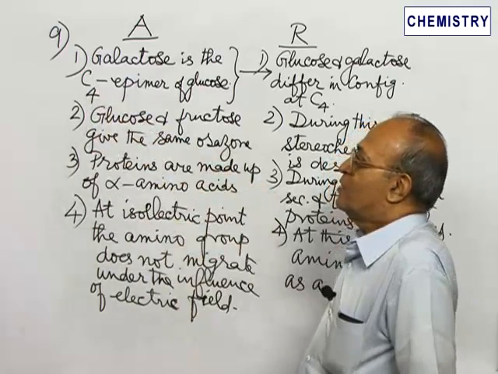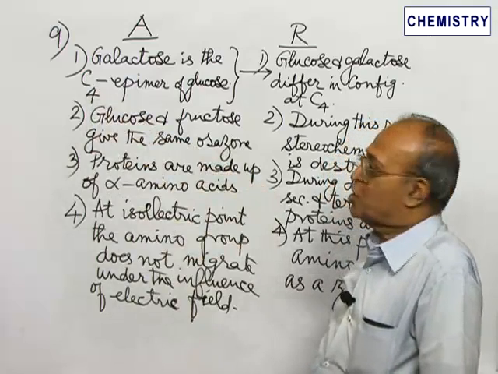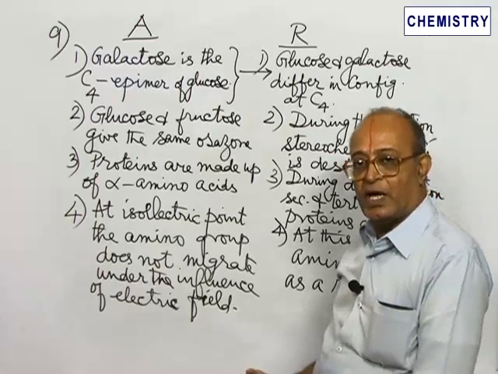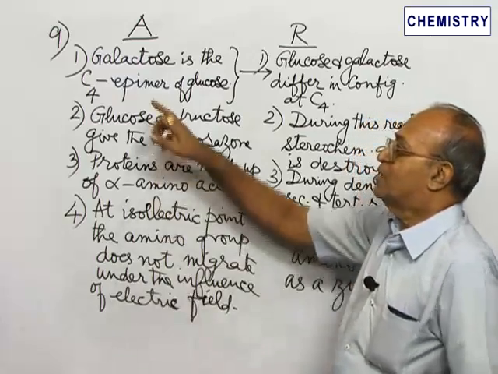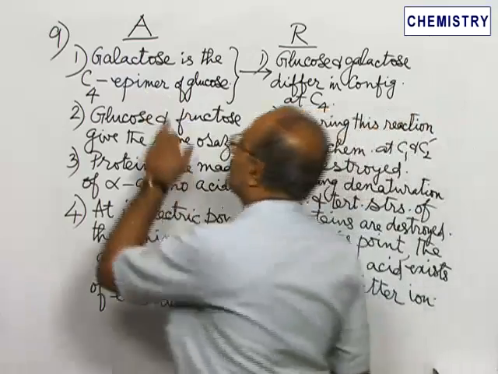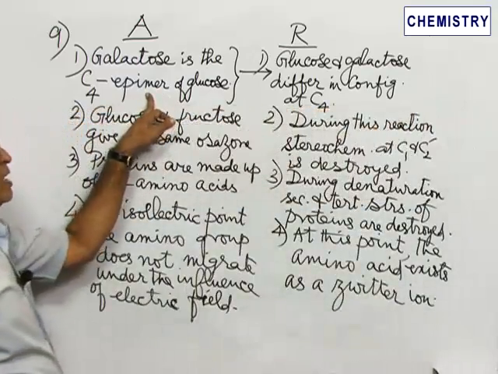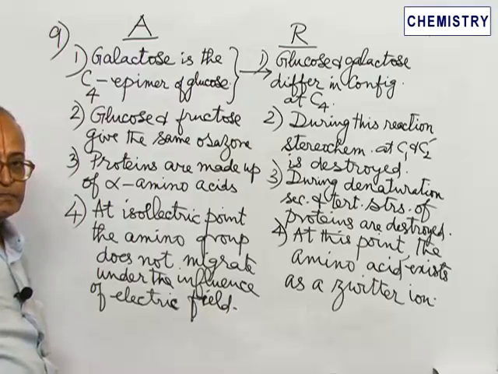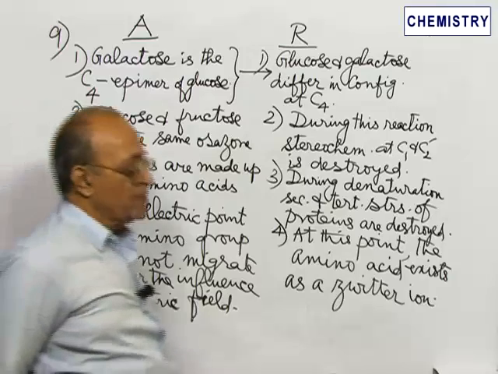Of course, if we look at the structure of galactose and glucose, we can come to the conclusion that this statement number 1 under A is a correct statement. It is correct.